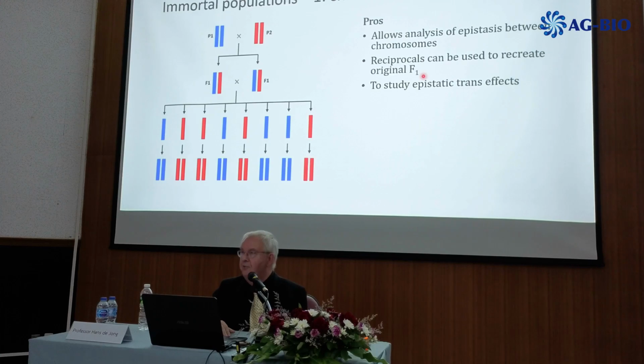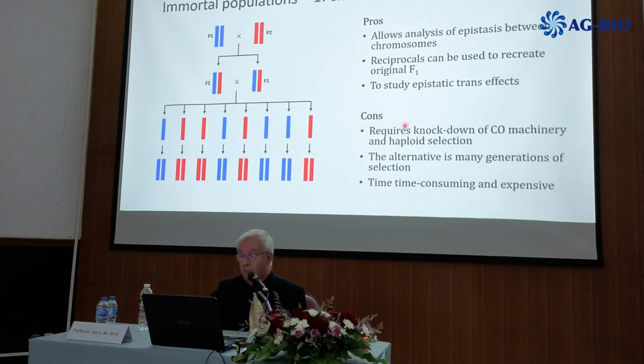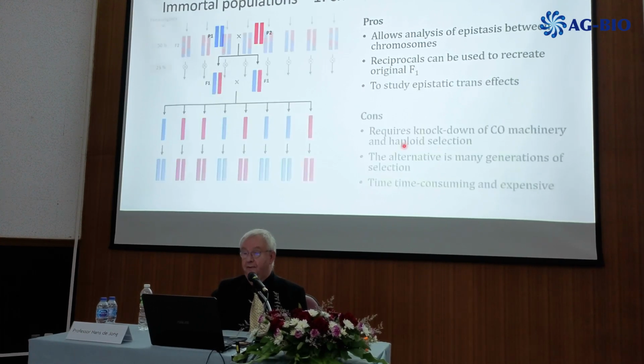Now, the truth is it is not that easy, because knocking down meiosis needs transgenic approaches, and making double haploids takes quite a lot of time and effort. So it requires knockouts of the crossover machinery and haploid selection. The alternative is many generations of backcrossing, which is time consuming and expensive.